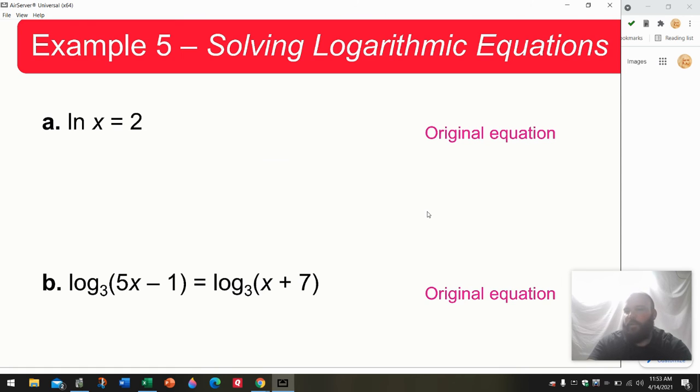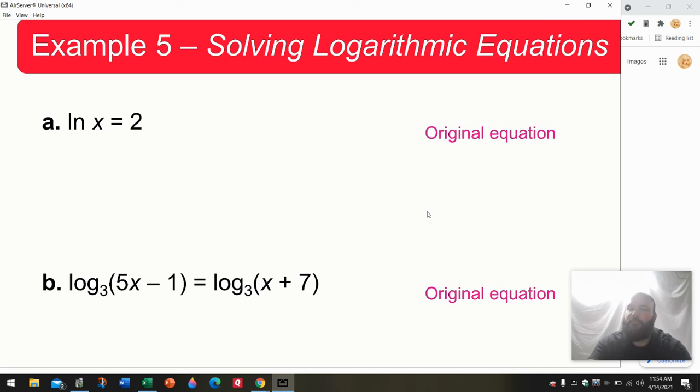So as an example here, you can see we are natural logging x, and we're saying that equals 2, and we need to solve for x. Well, since we already have a natural log of a variable, we need to remove that natural log. The way we remove the natural log is by taking it from logarithmic form and putting it into exponential form.